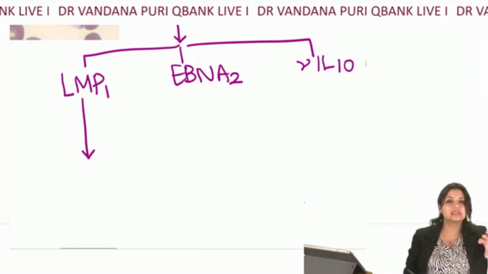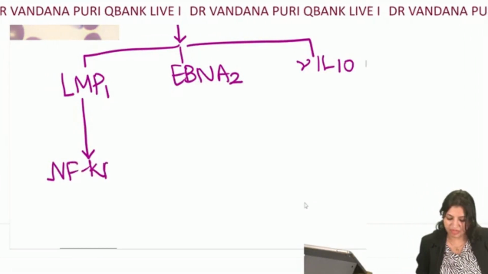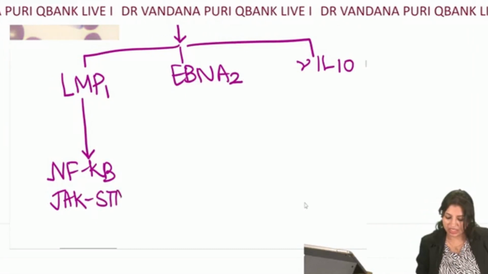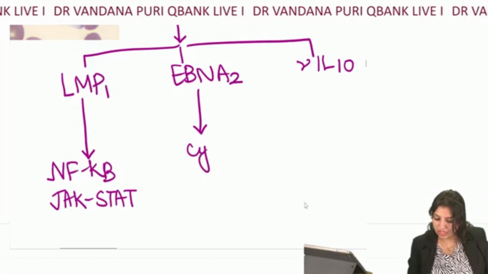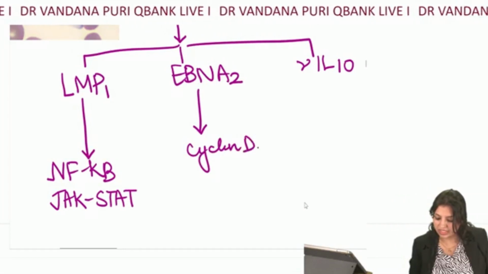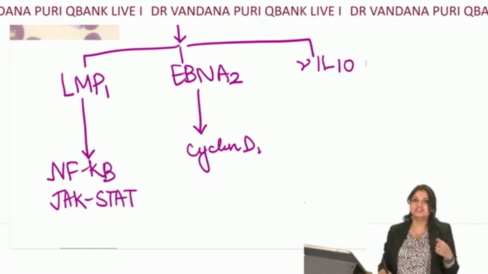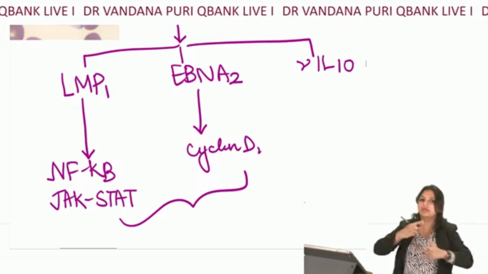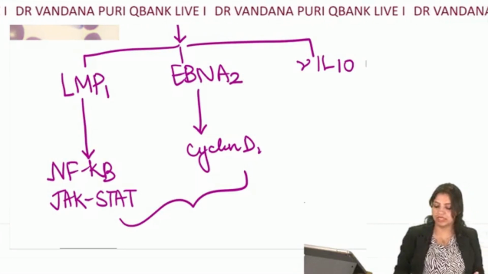It activates signal transduction pathways, like the NF-kappa B pathway or the JAK-STAT pathway, and starts causing proliferation. What does EBNA2 do? It quickly activates cyclin D. I hope you know what cyclin D1 is: it is the cell cycle initiator. So with both of them, the proliferation of B cells immediately starts, and B cells proliferate very rapidly.